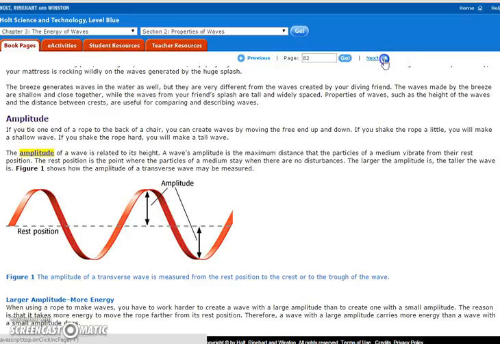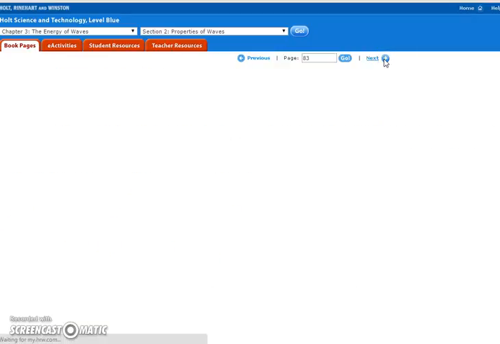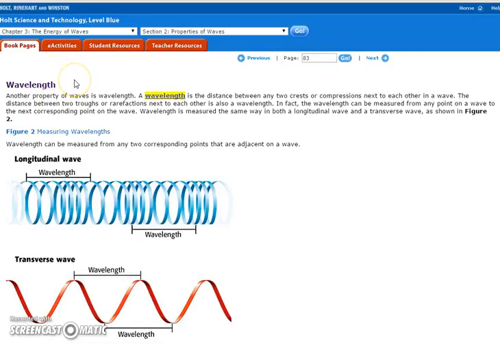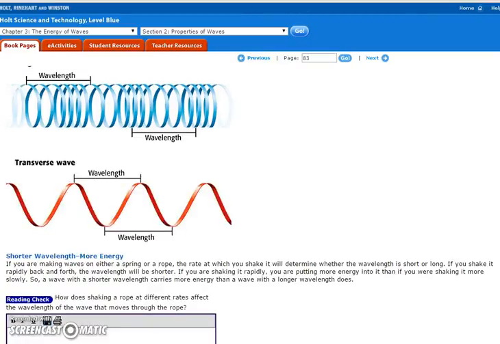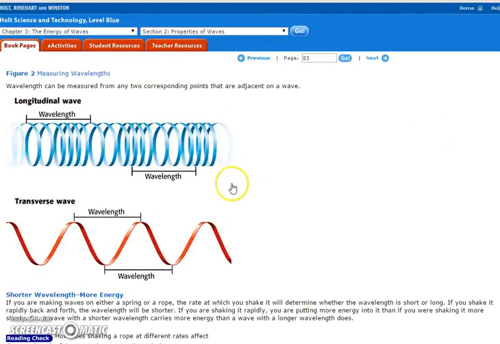So, we'll move on to page 83. And here we will see wavelength. Now, wavelength is correlated to the amplitude. But first we need to look at what wavelength means for the two kinds of waves, longitudinal and transverse.